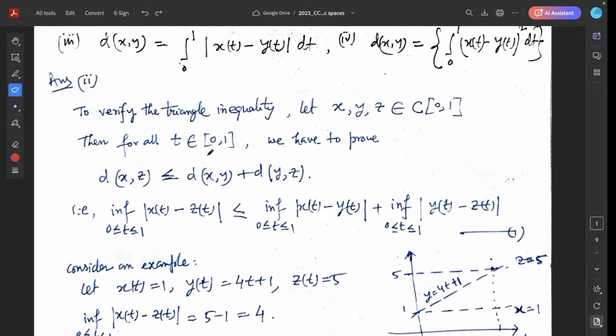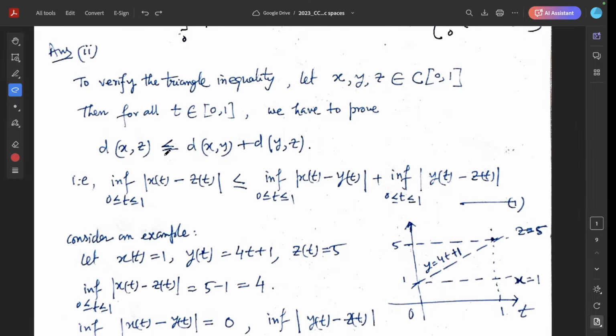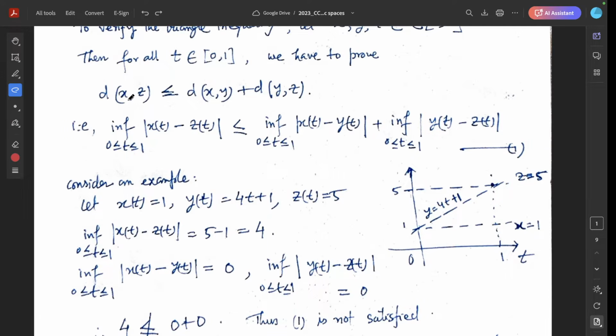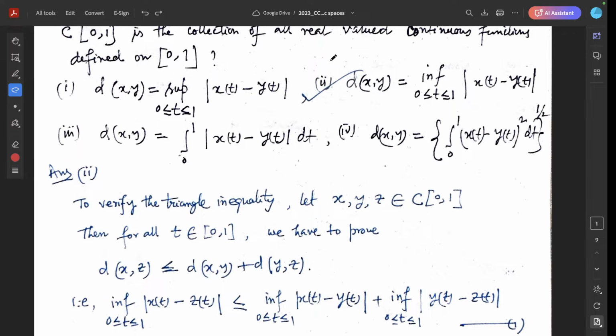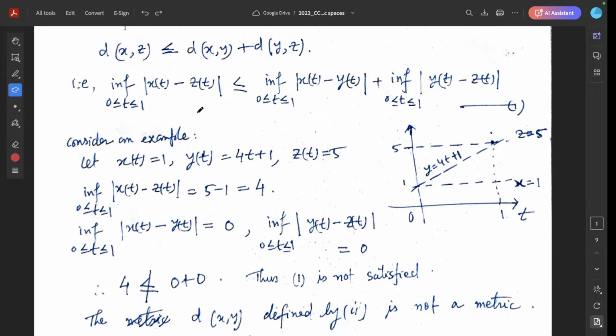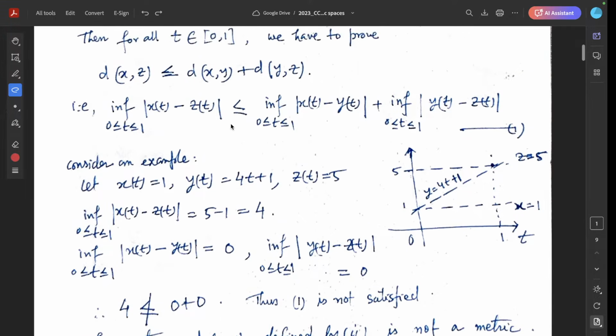Then for all t in the closed interval [0,1], we need d(x,z) ≤ d(x,y) plus d(y,z). We verify this for option 2: infimum of |x(t) minus z(t)| ≤ infimum of |x(t) minus y(t)| plus infimum of |y(t) minus z(t)|, where 0 ≤ t ≤ 1.